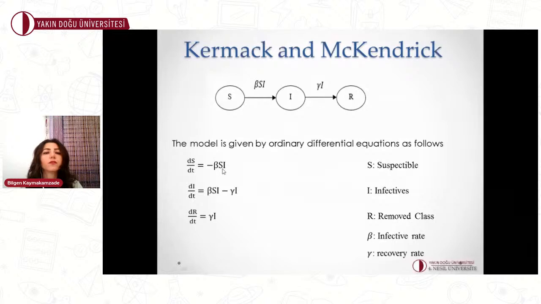And when we leave this class, we come to the infected class, which is plus beta SI. After coming to the infected class, we can leave this class with minus gamma I, and we come to the recovery class. To express that we are coming to the recovered, removed class, we write here plus gamma I.